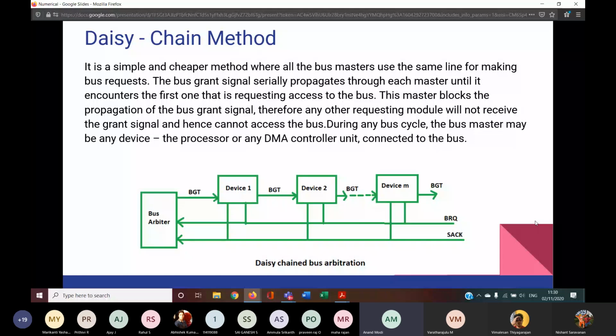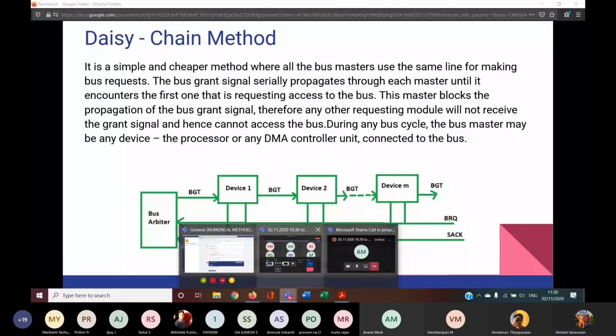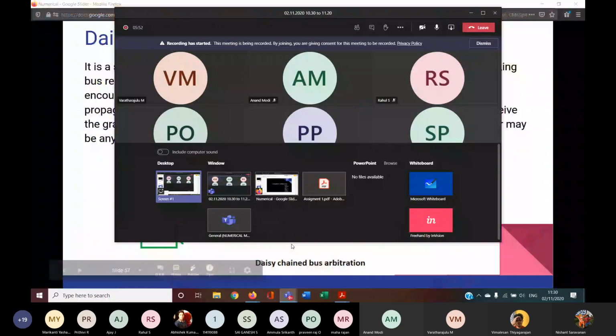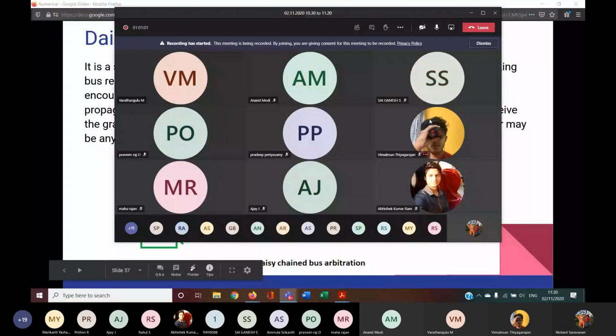The first master or device that has access is device 1, and this follows, and it solves the issues. So we're done.